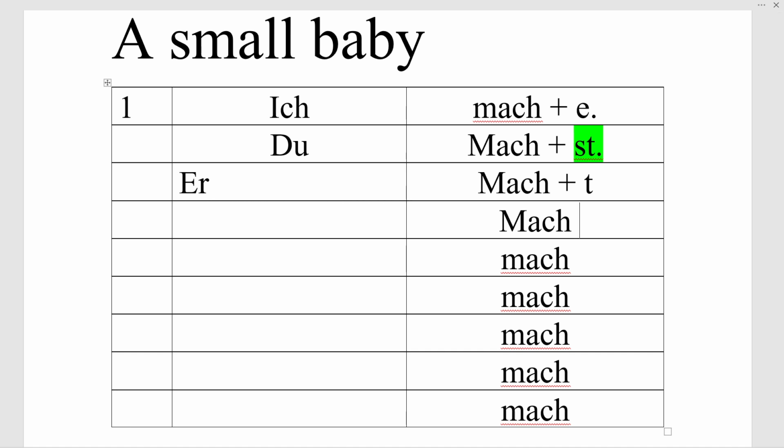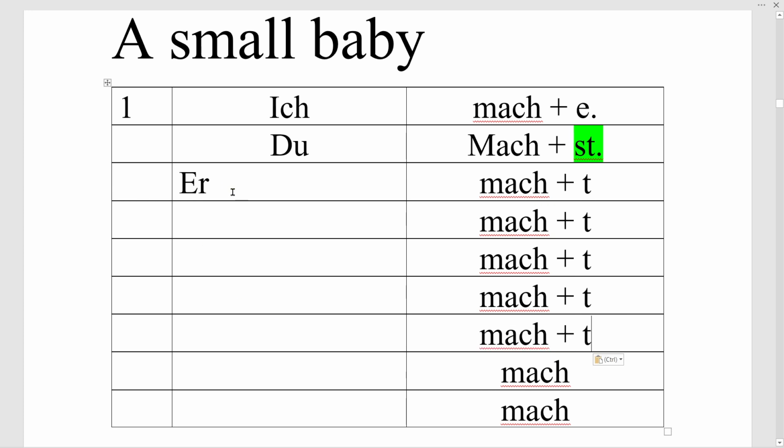We can copy the same thing over here: er macht, sie macht, es macht, and also man macht. Man macht means one makes, or you make, the generic you.